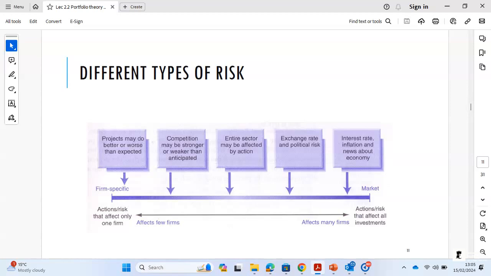Examples of unique risk: projects do better or worse than expected, right? If you invest in one particular stock, that firm's project may succeed or fail, so that's a kind of firm-specific risk. Another example closer to firm-specific is competition, which may be stronger or weaker.